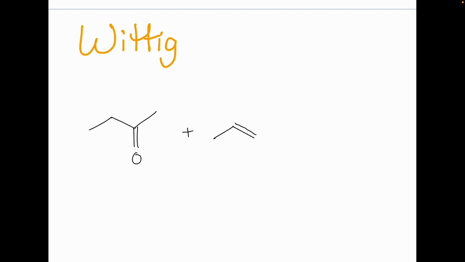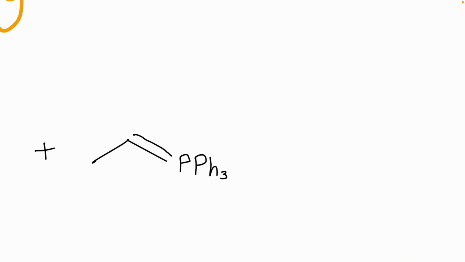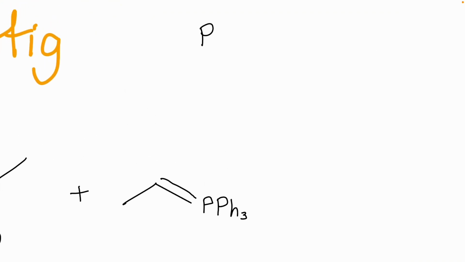The signature of a Wittig reagent, if we zoom in here, is this PPh3 attached to a double bond. So what is PPh3? First of all, Ph represents what's called a phenyl group, which is a benzene ring. We glossed over nomenclature of benzene compounds because they're kind of a huge pain.